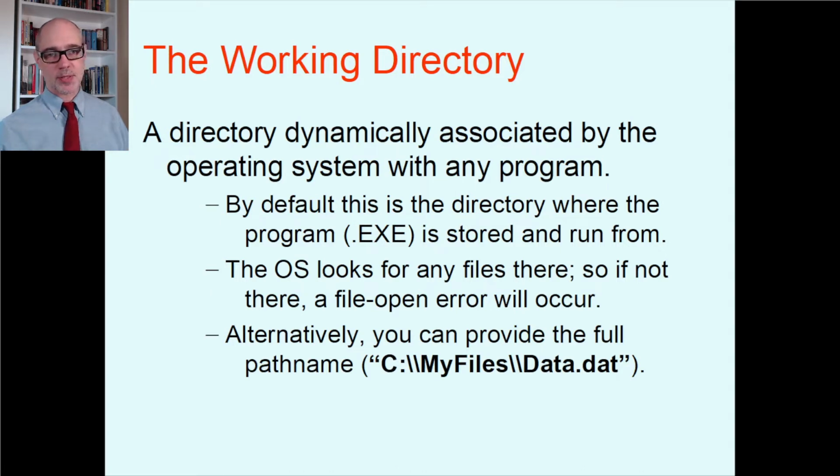That's where the operating system expects to see the data files that you're trying to open. So if the data file that you're trying to open or create isn't there, then that's a logical error. There's going to be a file open error happening, and we're going to have to handle that here in this video today. So that's one of the things that can go wrong when you try to open a file, is if it's not there in the same place as the exe in the working directory.